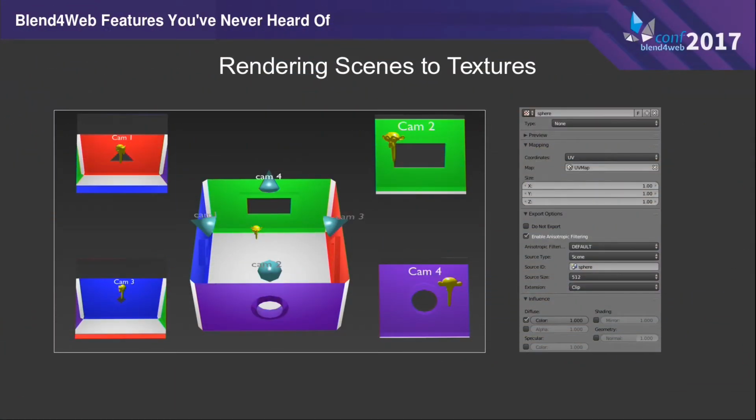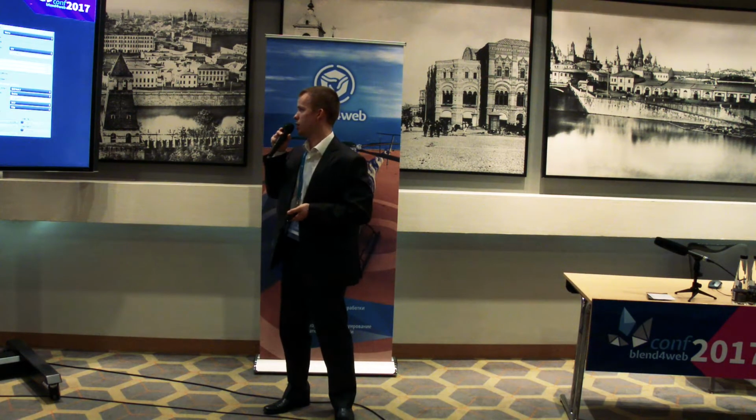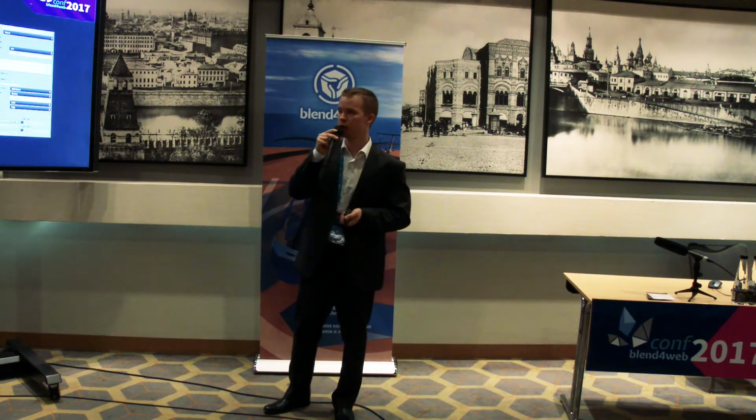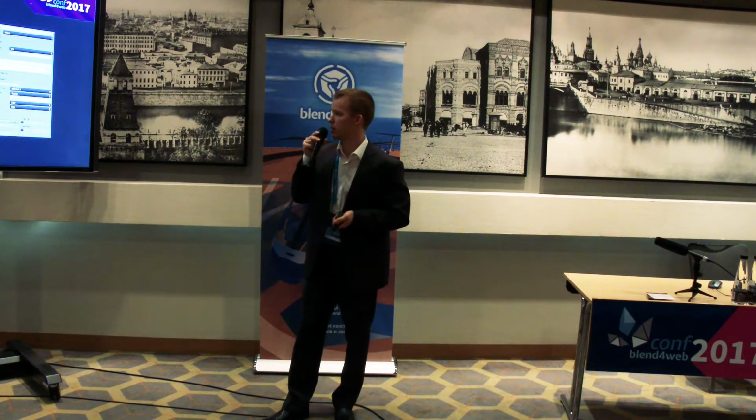Next, rendering to texture. When can this be useful? On this simple screenshot, you can see that you can quite easily, well, actually very easily, render a part of the scene or even another scene into the texture and put it into some object, like a texture. For this case, you have to use the None type texture and select under the source type section the scene.